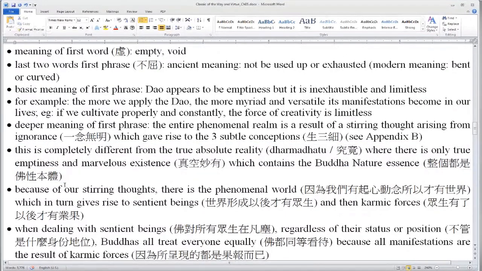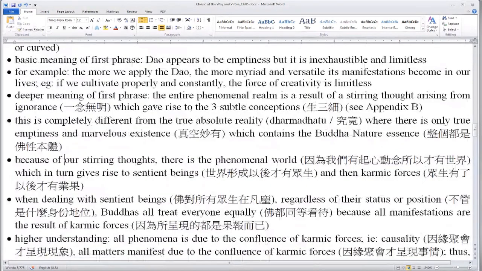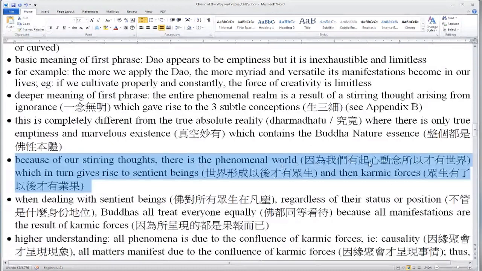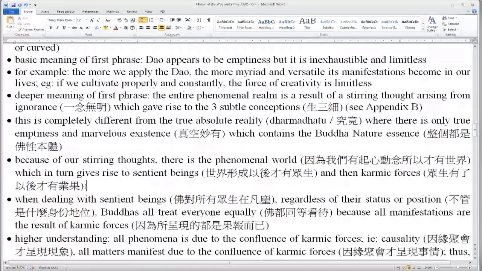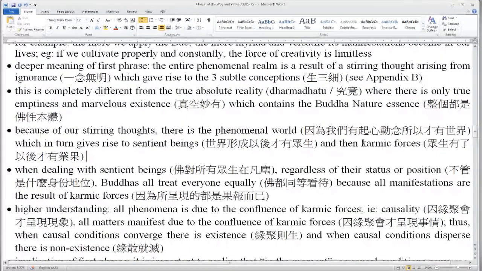Because of our stirring thoughts, there is the phenomenal world, 因为我们有起心动念，所以才有世界, which in turn gives rise to sentient beings. 世界形成以后才有众生. So after the phenomenal world is created, we have sentient beings, and then karmic forces. 众生有了以后才有业果.